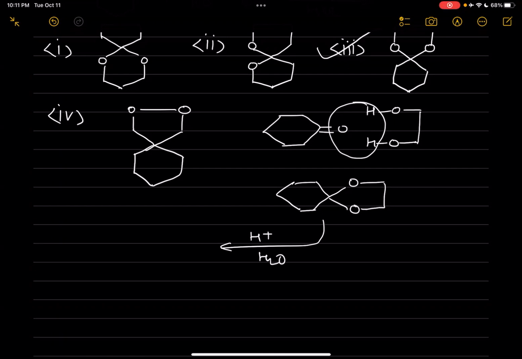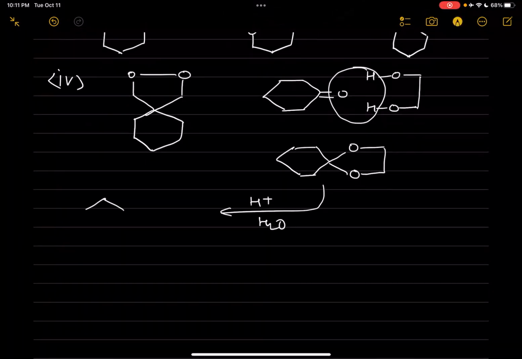Yes, sir. Sir, we can say by hydrolysis also. Yeah, this is hydrolysis only. Okay, so you will get back your ketone or aldehyde, whatever you have taken, and your alcohols. If you had taken two alcohols, definitely two alcohols, or if you had taken one diol, it will be one diol, right? Yes, sir. Okay, and that's how you are going to do it, right?